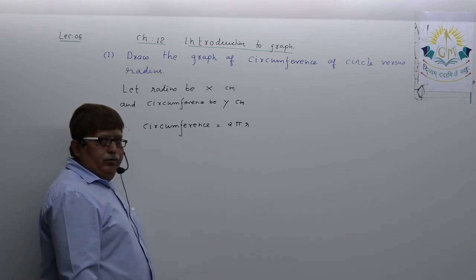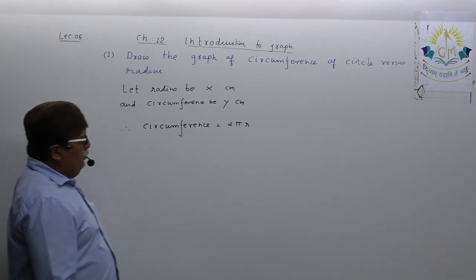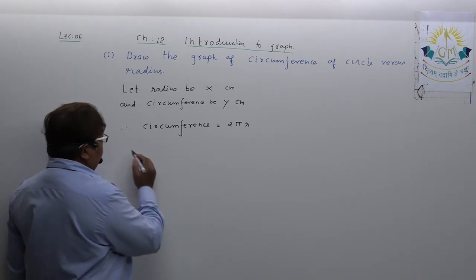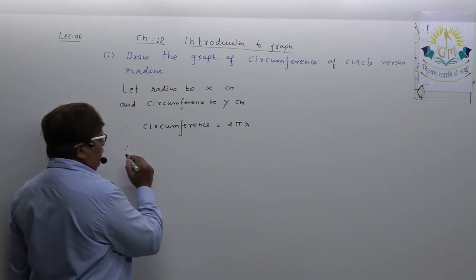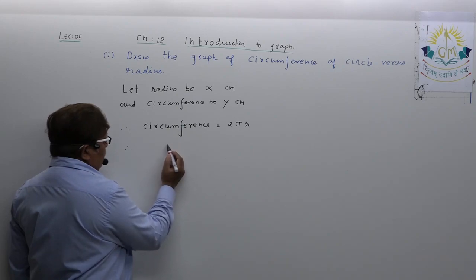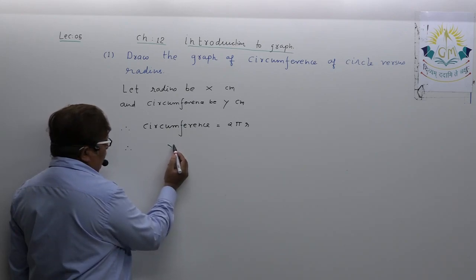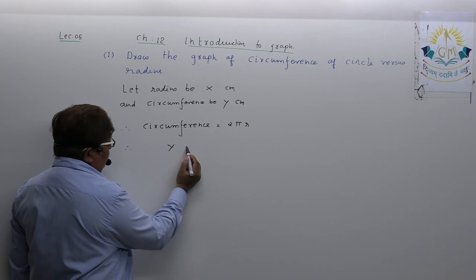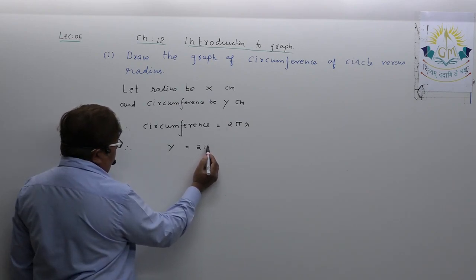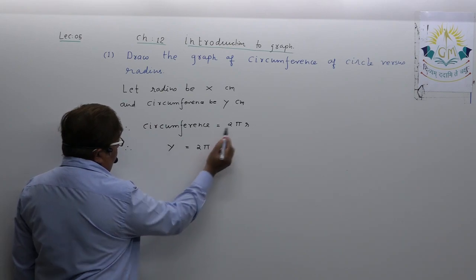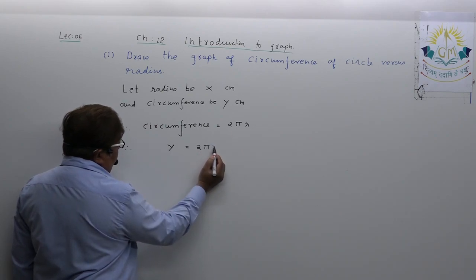Let us substitute symbolically: circumference I put the symbol y, equal to 2 pi, and instead of r, I will place the symbol x.